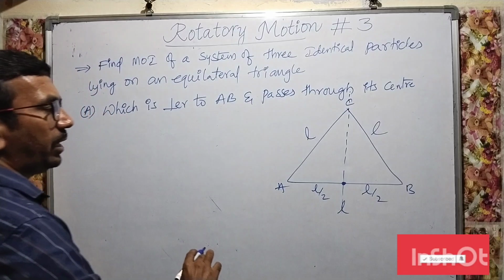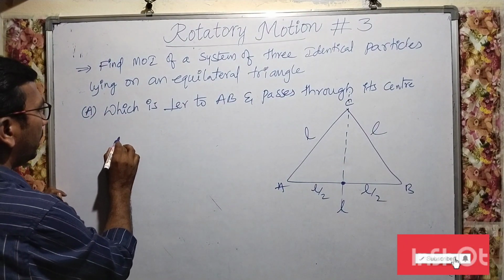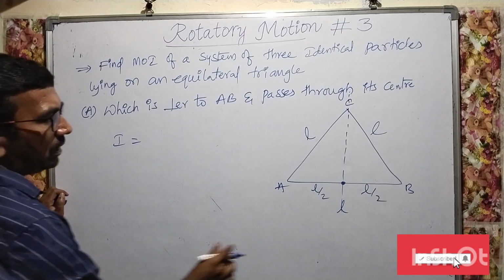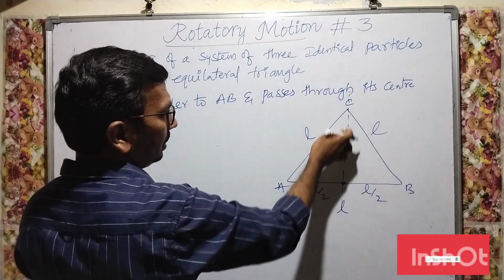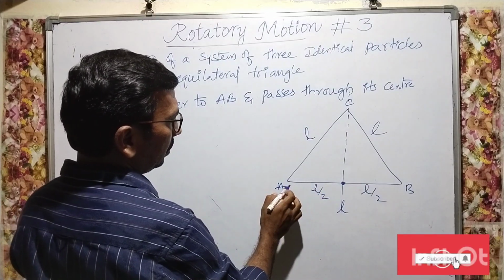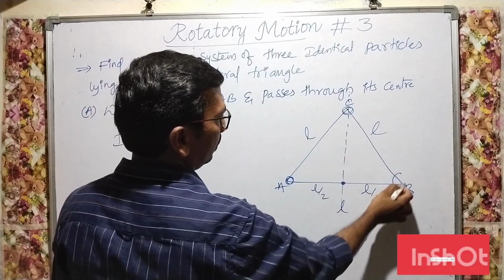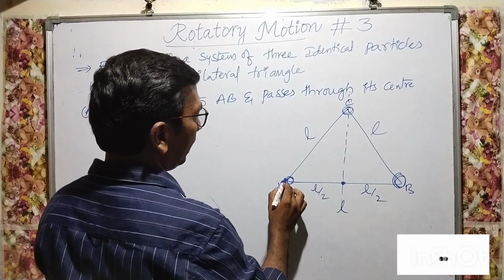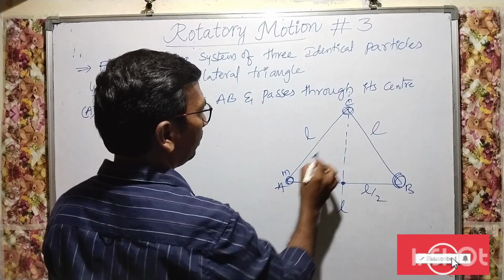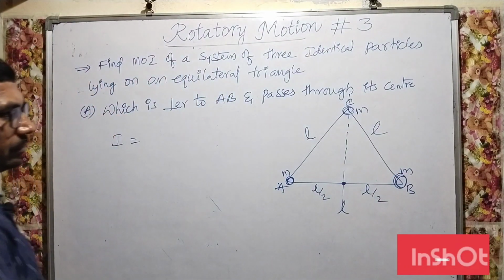The axis passes through C, so that distance is 0. These are identical masses: mass M, mass M, mass M.